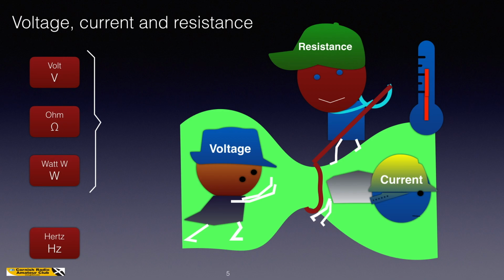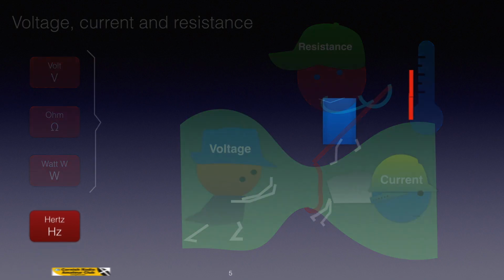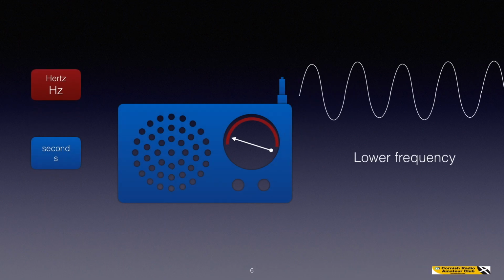Let's have a look at Hertz, frequency. Here we have our transistor radio, and the Hertz is inextricably linked to the second, one of the other units that we have to understand. So here, if we stick up the aerial on the antenna, we'll have all frequencies arriving at the aerial, and a tuned circuit within the transistor radio will select the station that we want to listen to.